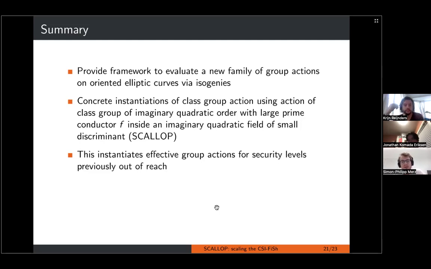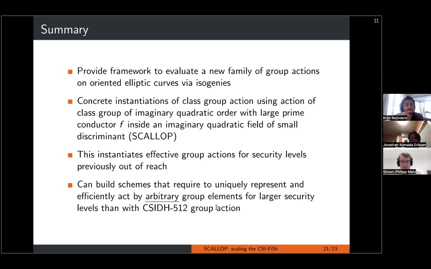With this, we can instantiate effective group actions for security levels that were previously out of reach. And that allows us to build, for example, signature schemes or also other cryptographic protocols that require to efficiently act by arbitrary group elements, also for larger security levels, more than CSIDH-512.